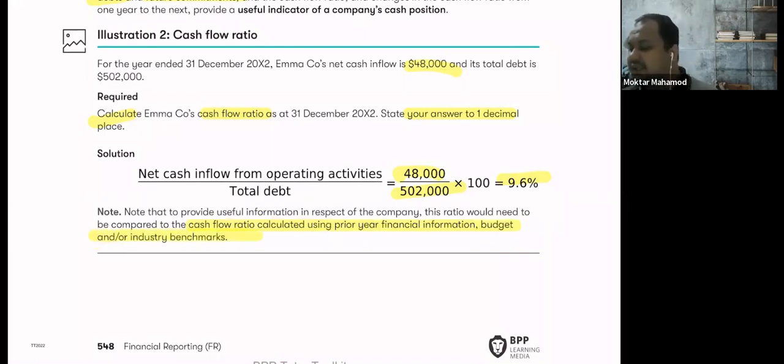We don't know about this company, only one figure is not sufficient. So it needs to be compared with other information as well. For example, company 9.6%, but average industry will be 12%, for example. So it means the company is not in good shape, in terms of performance in comparison with the cash flow generated from operating activities over the total debt.